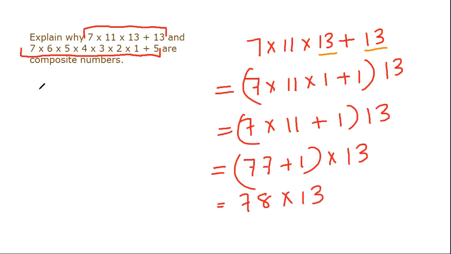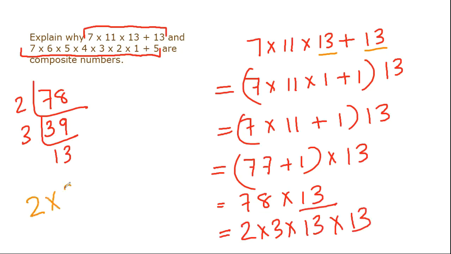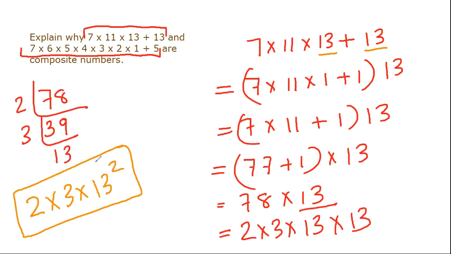Now I can factorize 78 as 2 times 39, so 78 is 2 times 3 into 13, and the last 13 is also there. So I can write the first expression as 2 times 3 times 13 squared. This is a product of prime factors, so this is a composite number because it can be expressed as a product of its prime factors.